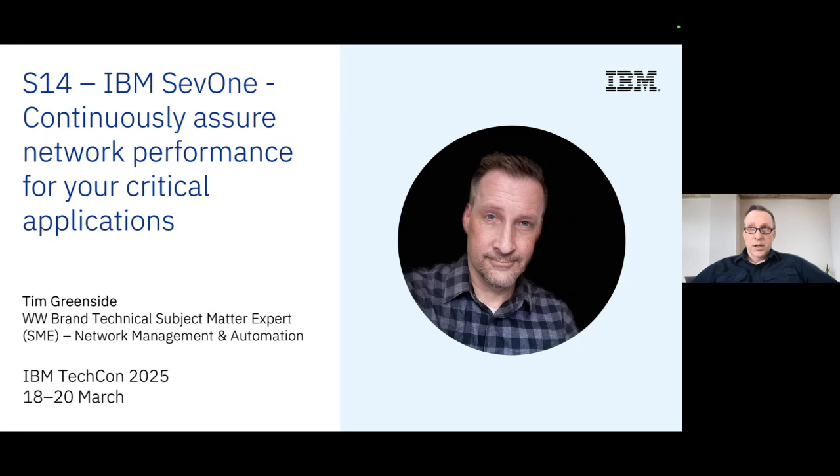We want to make sure that we're staying in alignment with challenges that our customers are running into and working the best we can to help them address those challenges. Then we'll look at some of the ways that we've been continually working on helping our customers be successful using SevOne. So let's get started here.